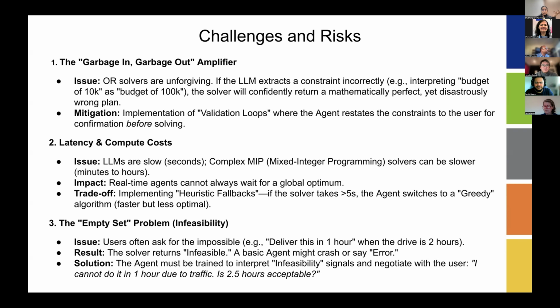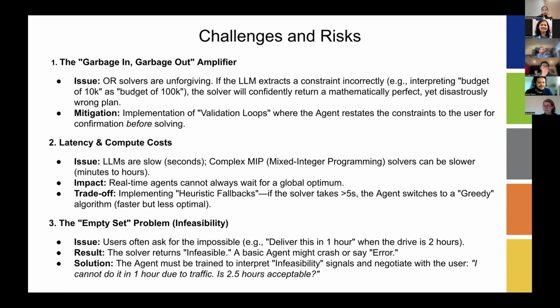So what is the impact? In real time, agents cannot always wait for a global optimum. So what is the trade-off here? We have to have a plan B ready, with some heuristic fallbacks if the solver takes too long.